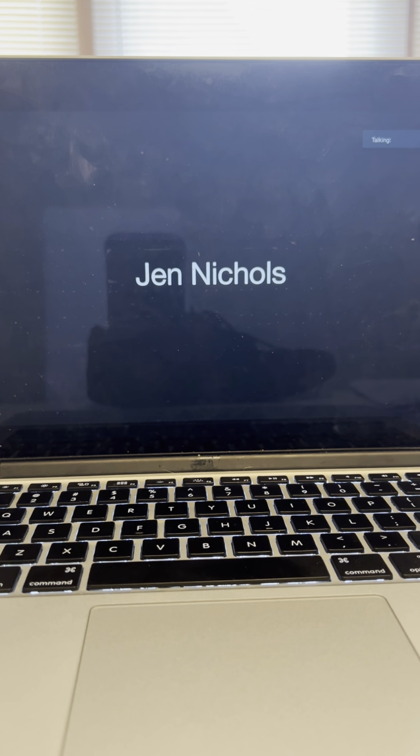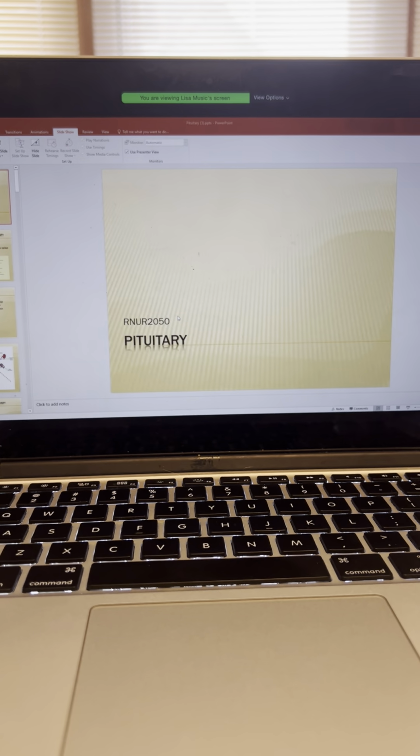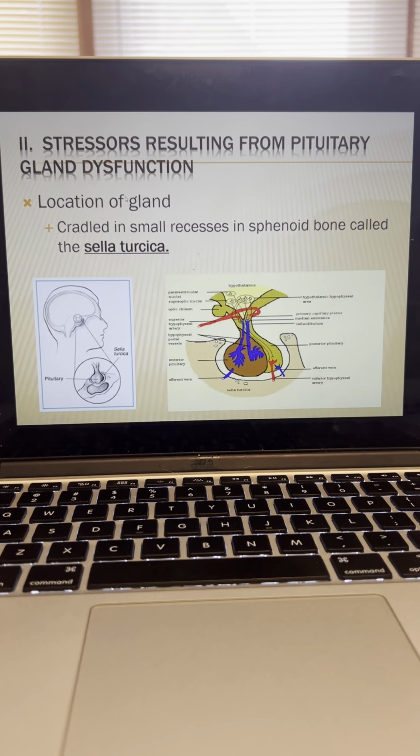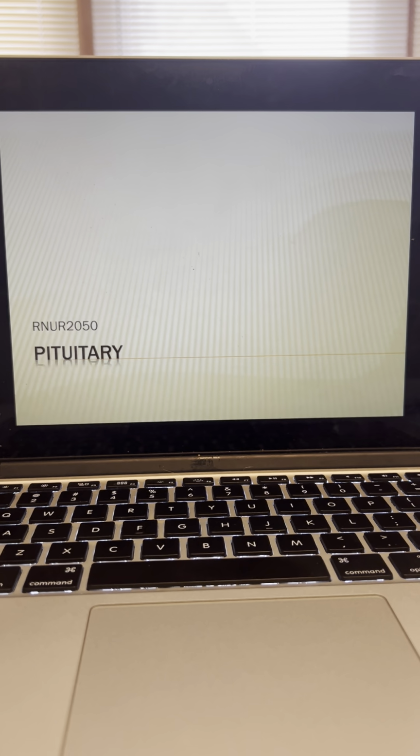All right, let me do share screen, Lisa. Can you see that? Yep. Now you see the pituitary on there? Yep. Okay. Let's see. So, do you see that? Yep. Okay. All right. So let's go back here.